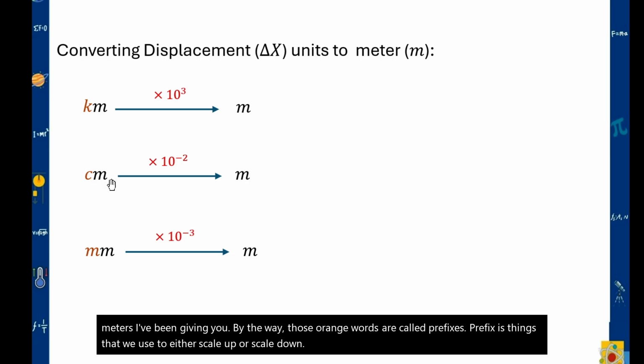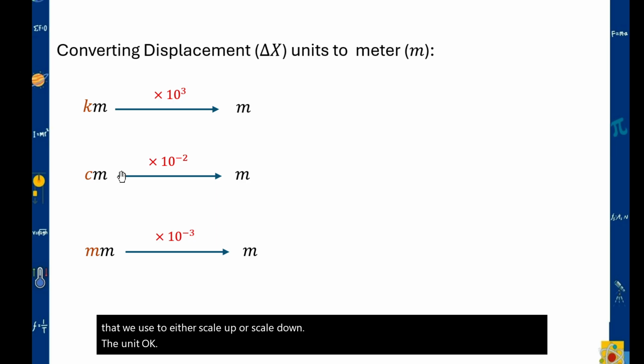So kilometers, which is the first one that you see, means that you have 1,000 meters. So if it's 1 kilometer, it's 1,000 meters.